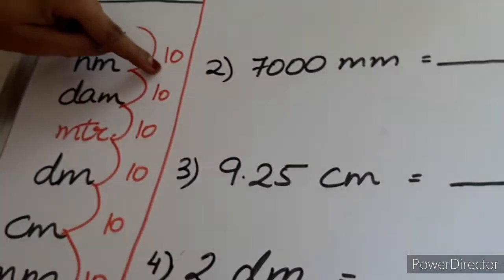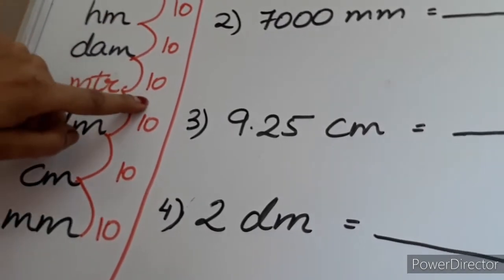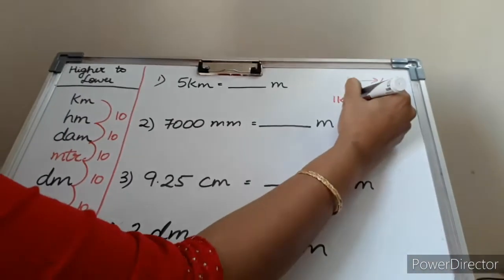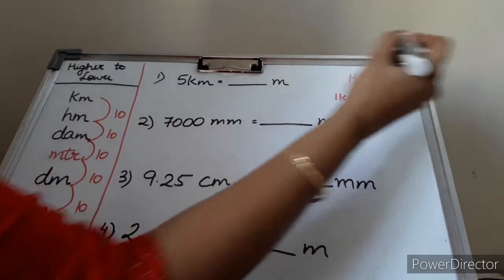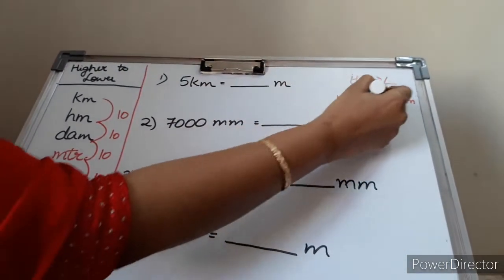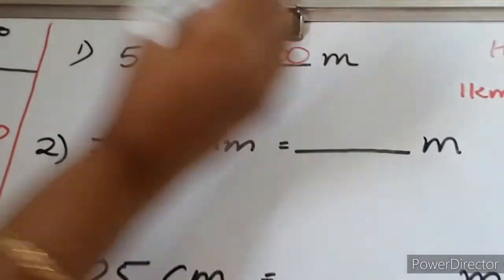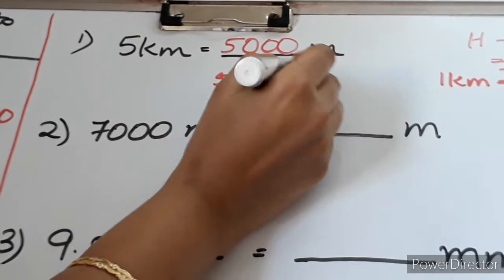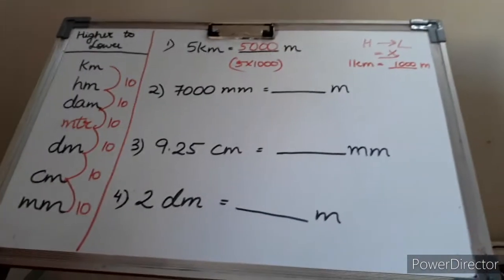Each step differs by 10: 10 into 10 is 100, 100 into 10 is 1000 till we reach meter. So 1 kilometer is equal to 1000 meters. That means we have to multiply. So 5 into 1000 will be what? 5000 meters. So this is the way we can solve the sum very easily, remembering this chart.